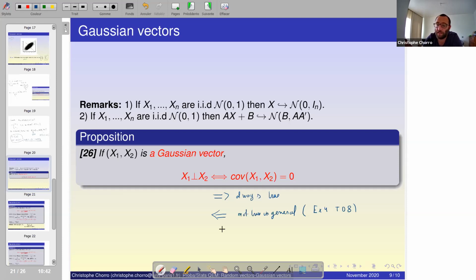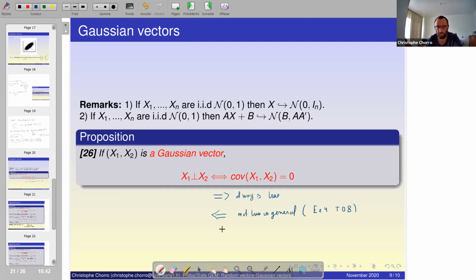A priori, it is easier to prove that the covariance is equal to 0, because it is just a little computation, than to prove independence directly. Okay, so let's do the proof.